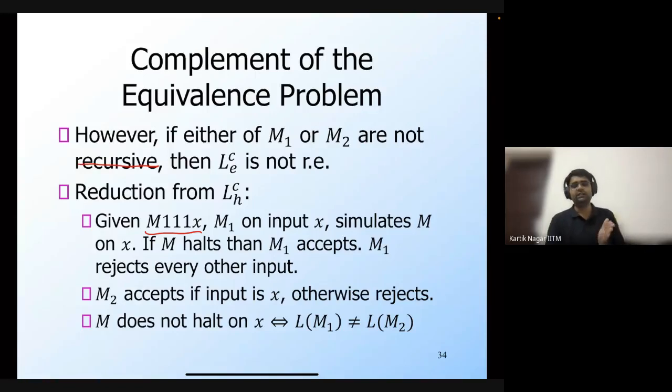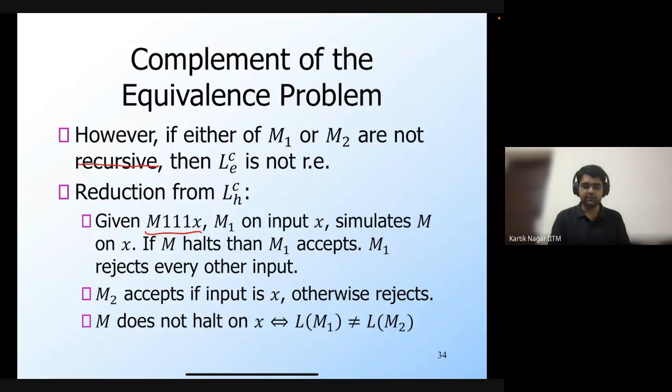Now you can clearly see that if M does not halt on x, then language of M1 is going to be equal to the empty set, which means it will not be equal to the language of M2. But if M does halt on x, then language of M1 is going to be {x}, and language of M2 is always {x}. So therefore, language of M1 will be equal to the language of M2. So hence this is a correct reduction. So this would imply that this complement of the equivalence problem is also not recursively enumerable.